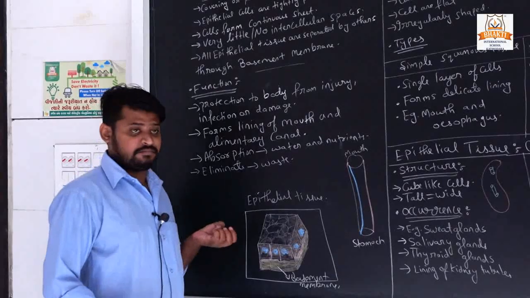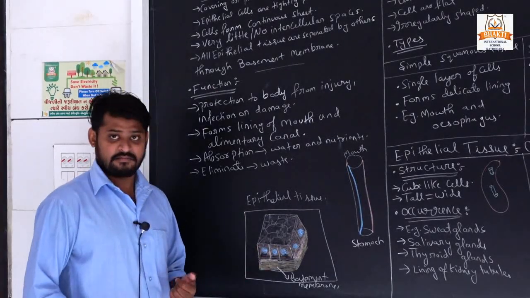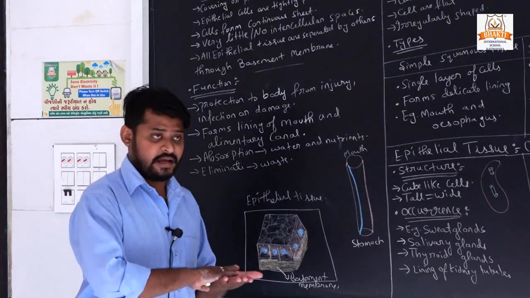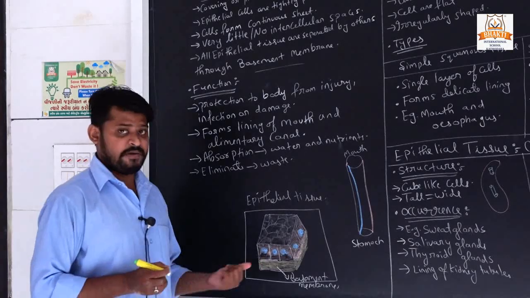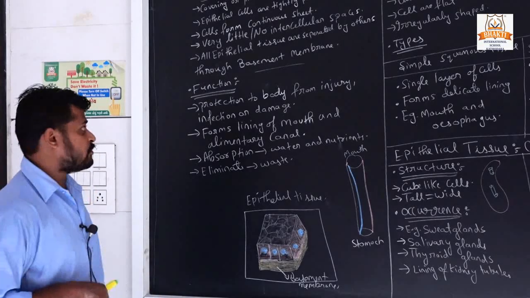It gives a surface to the epithelial cells, so they are coordinated with each other on the same surface. So the work of the basement membrane is to give a surface to the epithelial tissue.